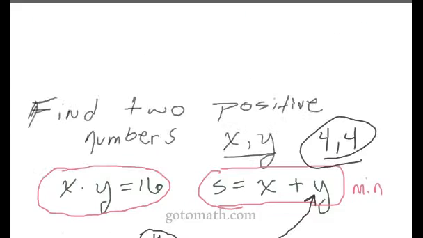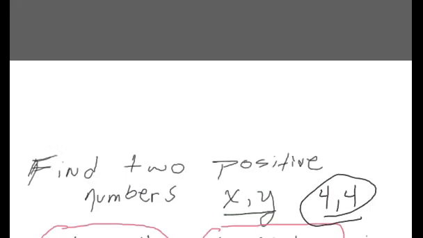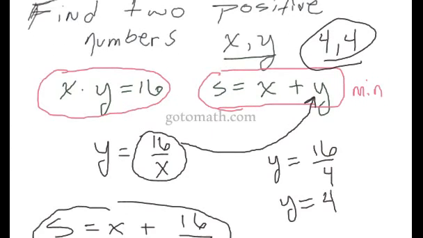So on all these optimization problems, we want to have some constraints. I call these constraints the secondary equation, but we need to construct the primary equation and get it all in terms of one variable. At this point in Cal 1, that's what we want to do.